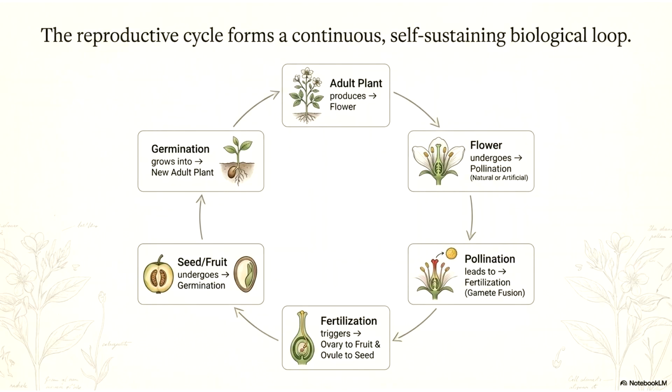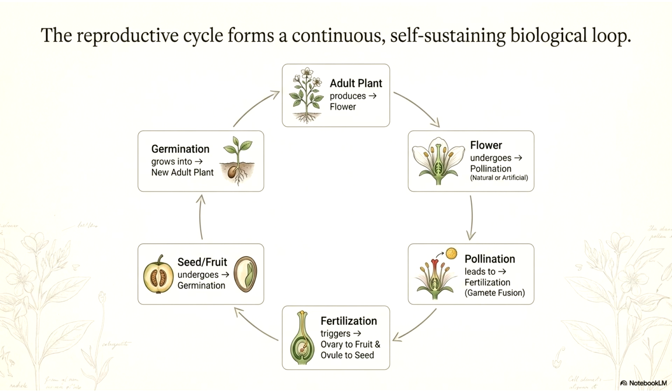Now this is a very important cycle. This reproductive cycle forms a continuous self-sustaining biological loop. First it is showing adult plants. Adult plants produce the flower. The flower undergoes pollination, and pollination leads to fertilization. Fertilization triggers the ovary to become fruit and the ovule to become seed. Then the seed or fruit undergoes germination.